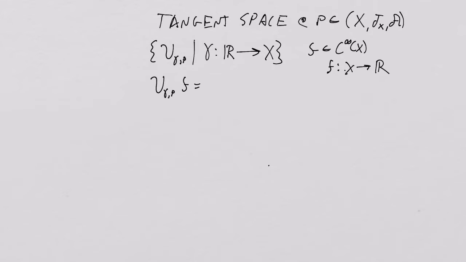The way that these velocities operate on functions like this, in order to accomplish this mapping, or I'm sorry, these velocities are maps, right? And the maps will take, I guess I should write that down too. The velocities are maps that take elements from C infinity on M to the real numbers.